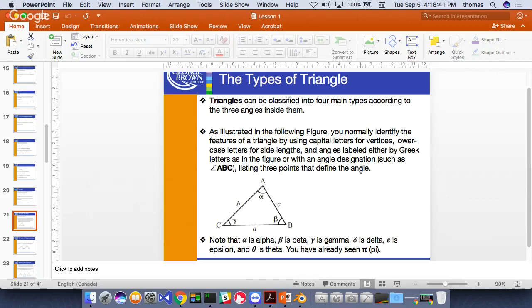So we have, let's say, vertices A, B, C. We have an angle ABC. If I look at the angle ABC, that means I'm looking at the beta angle in this particular case. Would you agree? If I said ACB, then I would look at the gamma angle. And a lot of times there might be a question, and this is where it becomes tricky. I'll give you a question on an assignment.